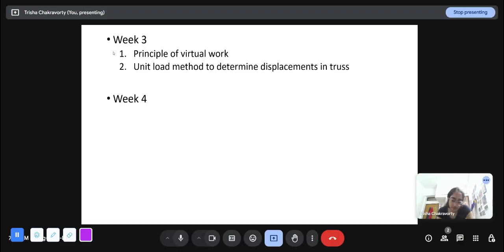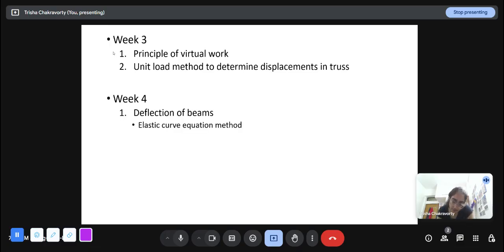In week 4 and week 5, it was about beams, so deflection of beams. In trusses, we are concerned only about the nodal displacement in two perpendicular directions at each node. And in beams, we want to find a deflection profile along the length of the beam. So in the deflection curve or the elastic curve, the x-axis varies from 0 to L, and the y-axis is the amount of deflection.